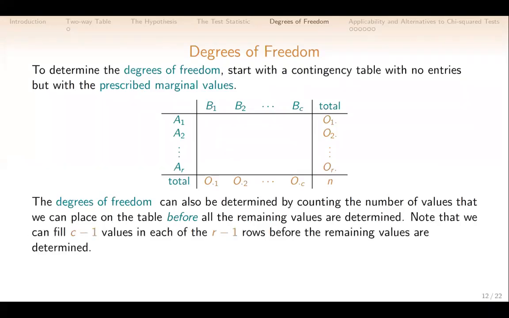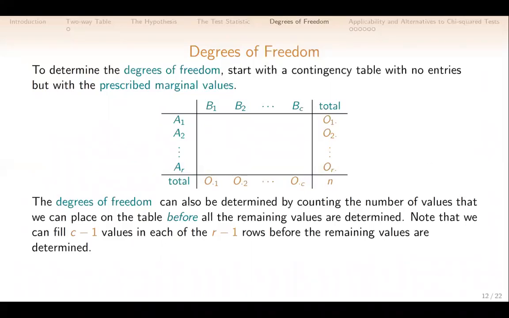So you can fill in the first C-1 values in each of the top rows, because if you leave out the last column in any of the rows, then you can fill in that value because the row sum is determined.